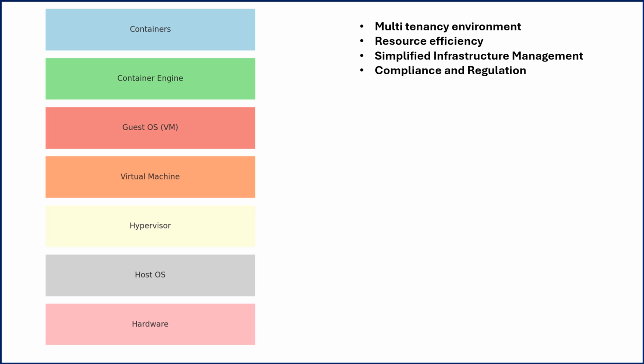The next advantage of running containers on a VM is that it allows you to apply strict controls over the operating system and its configuration, which is important if you are a financial institution or have strict compliance and regulation. This makes it easier to comply with regulatory requirements in industries like finance, healthcare, or government.